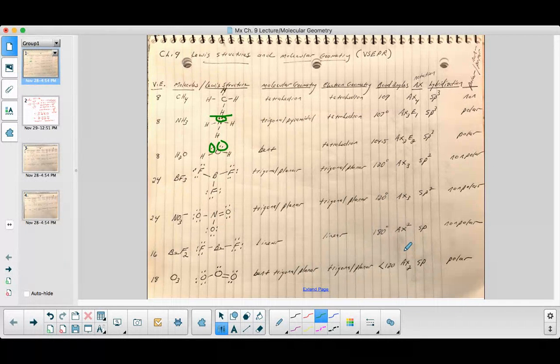This one I made a mistake on. This is an AX2, but this one is an A. One oxygen is the central, A. There's my 2 X's, but that should have an E1 because it has 1 unshared pair of electrons.